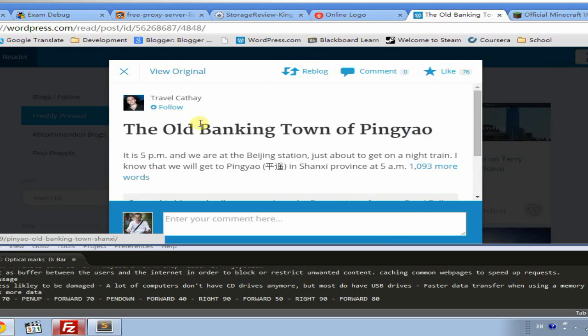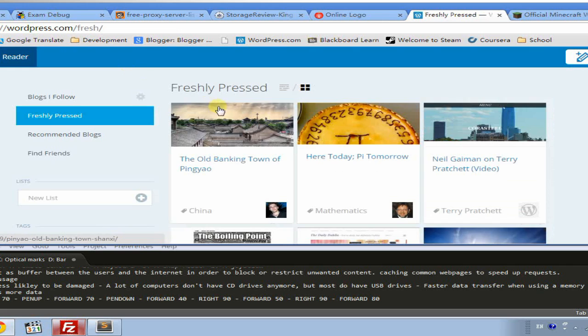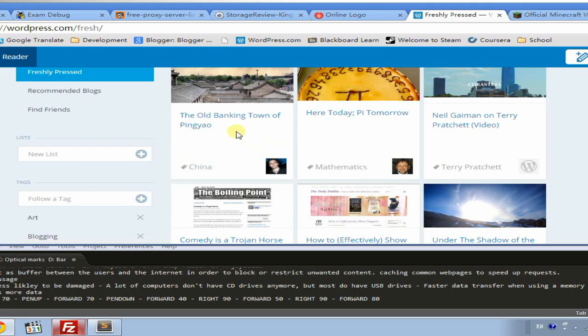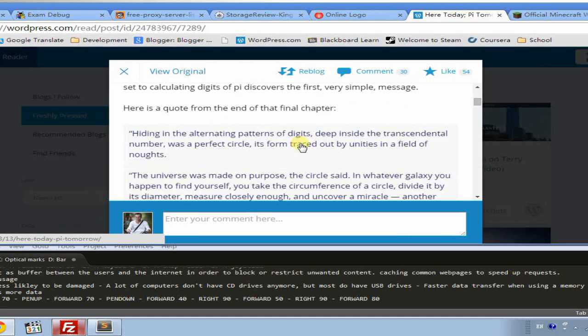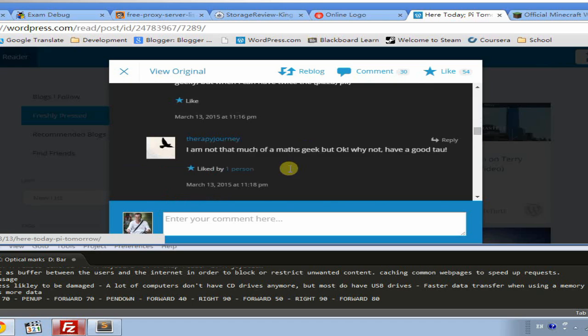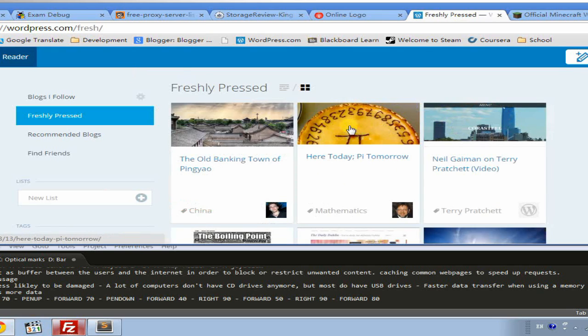So this is something written by someone, their personal journal perhaps, or some personal information about their life, and he's talking about his life in China, or you'll get a maths blog here, and he's talking about something to do with maths, I assume Pi Day, which happened very recently, well, at the time of making. So these are more like personal weblogs, online diaries, opinions, other things like this.